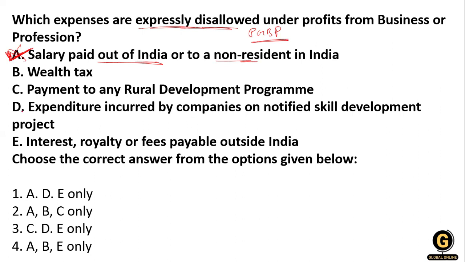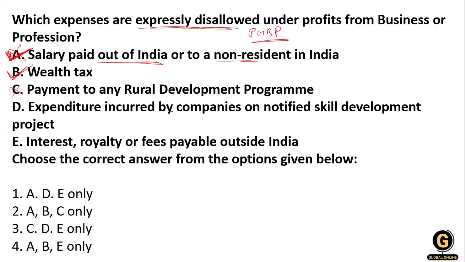Now the wealth tax is also allowed in the PGBP, because wealth tax is a part of the PGBP. Then the payment to any rural development program is not a part of PGBP, so this expense is not allowed in the PGBP.